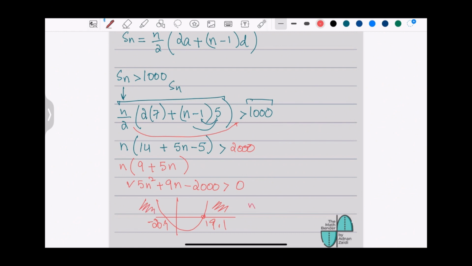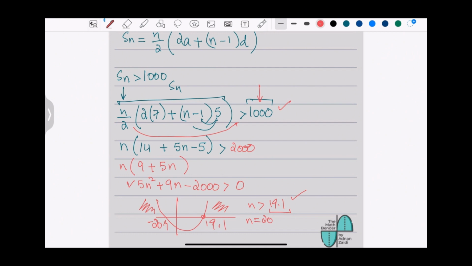So n has to be greater than 19.1. At 19.1 it would reach 1000, but it has to exceed, so n will be equal to 20, since it cannot be in decimals. But if it comes out like this, it means that in this series there won't be a term exactly equal to 1000.